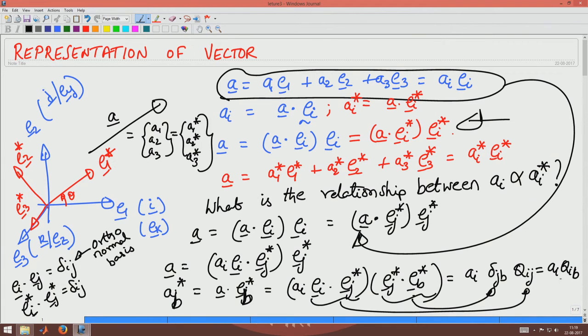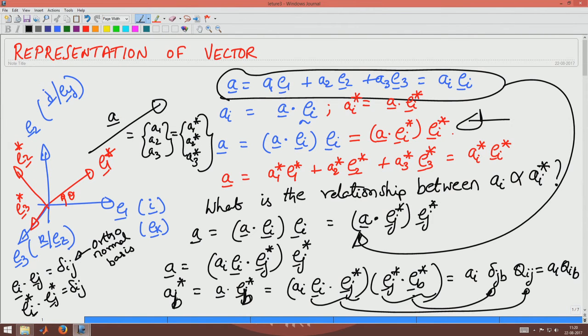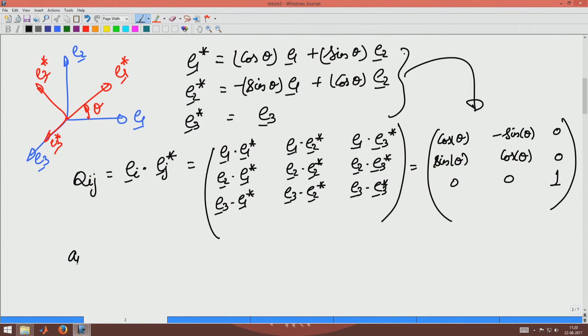If I define it like this, what I have to do is, let me come to the next page. The final equation I had was this, a_b star equal to a_i q_ib, right. What does this mean? I have to sum over the index i, where i is a dummy index and b is a free index.